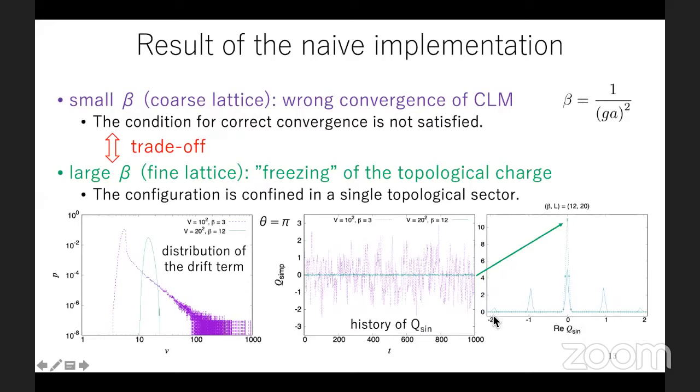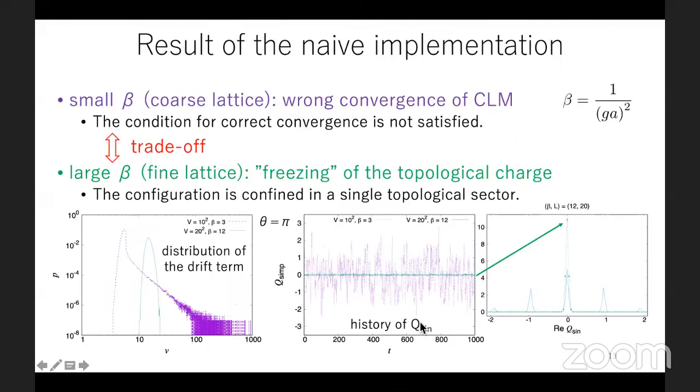Actually, we know the analytical solution of this model, so we can plot the expected distribution of topological charge, like this line. But this is the result of the simulation. You can see that the simulation result is localized only around 0. There are no configurations in the topological sectors ±1 and ±2.